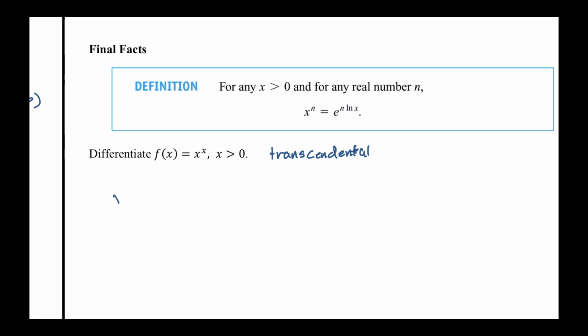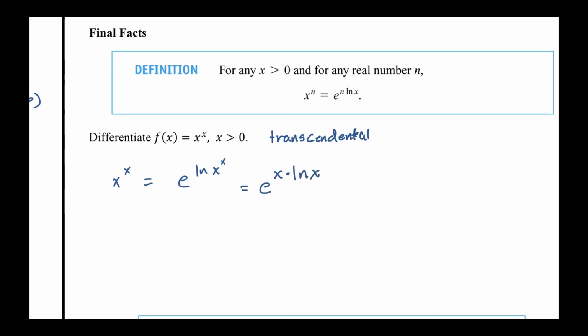So x to the x is the same thing as e to the ln of x to the x, which is, of course, the same thing as e to the x times ln of x.